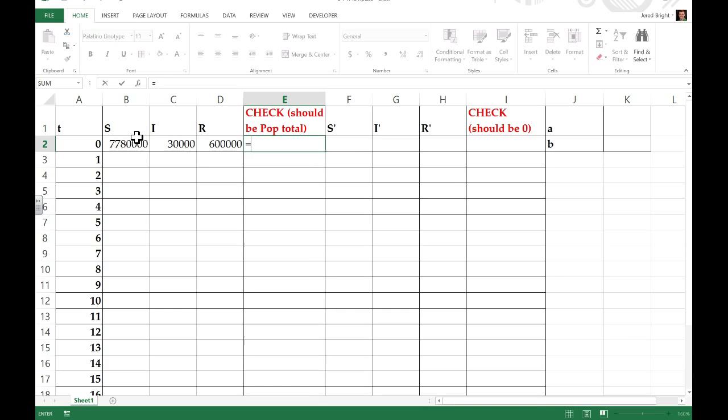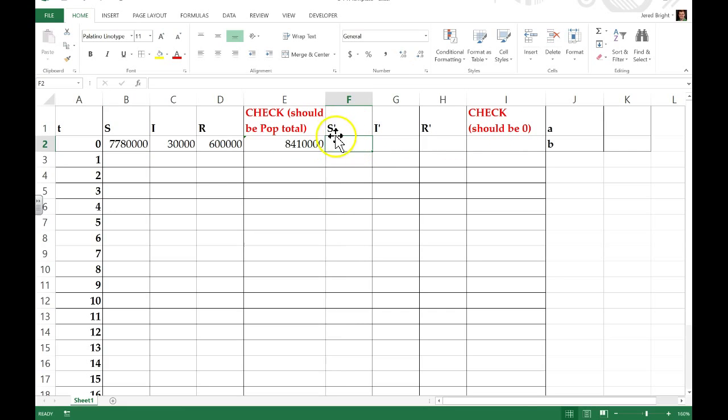Now the check column I added, if you add up the S, I, and R, should be the total population of New York City in this case. Every time you do this calculation, you should get the population value, since nobody is entering or leaving the city and nobody's dying.